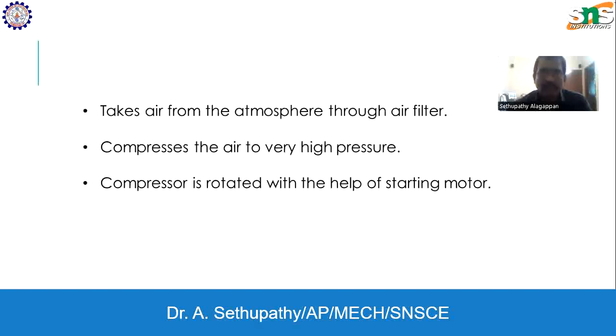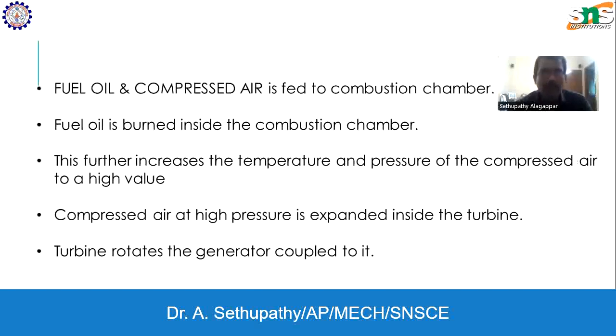The main steps are: take air from the atmosphere through air filters, then compress the air to very high pressure. The compressor is rotated with the help of the starting motor. The fuel oil and compressed air are fed to the combustion chamber.